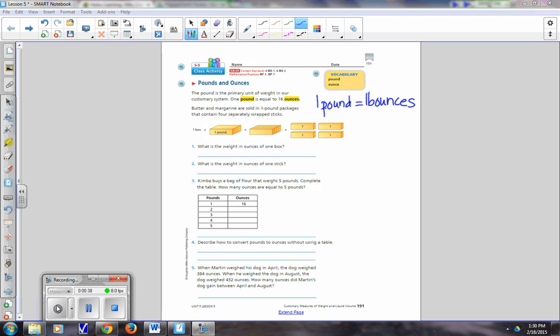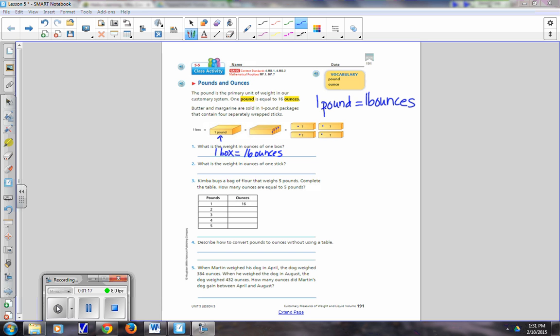Butter and margarine are sold in 1 pound packages that contain 4 separately wrapped sticks. So here's the pound of butter, and there are 1, 2, 3, 4 sticks. How many ounces is each stick? What is the weight in ounces of 1 box? Well, if it's 1 pound, 1 box equals 16 ounces.